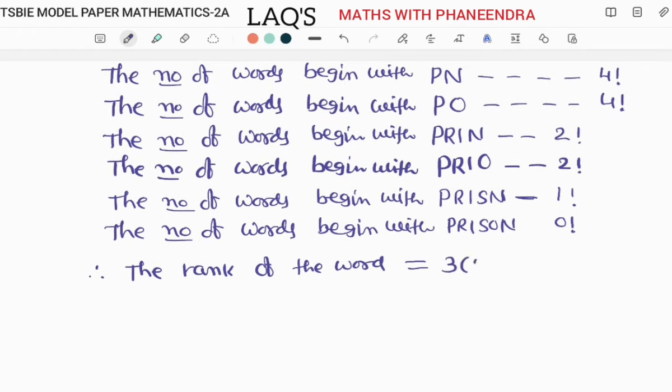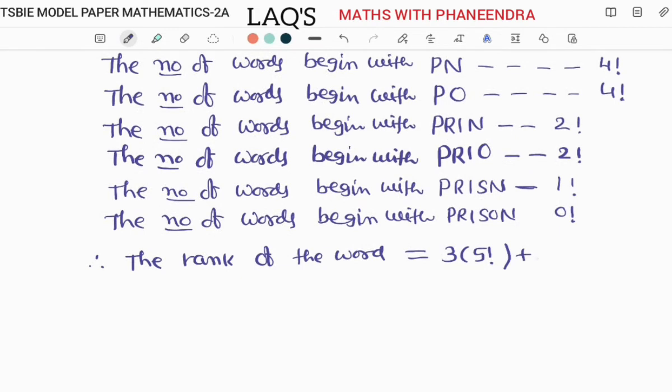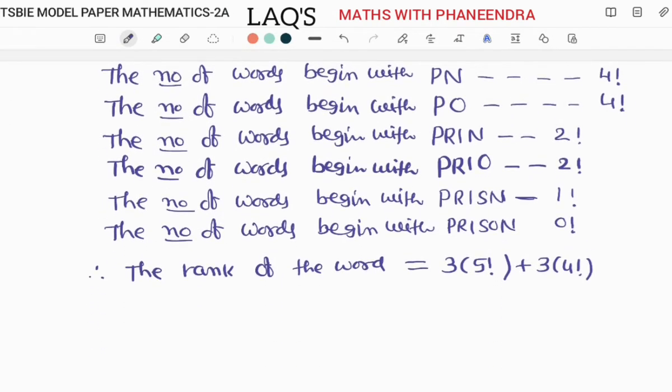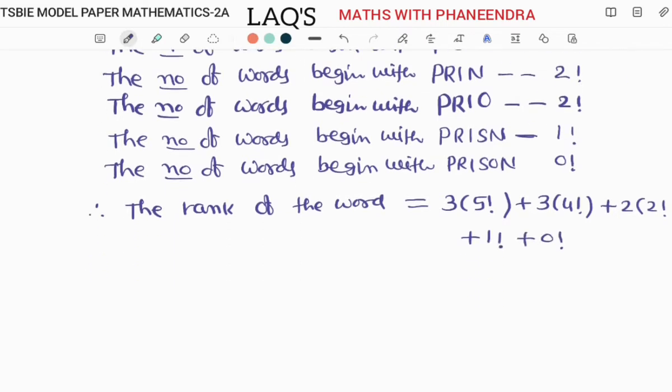That means 3 into 5 factorial, plus 3 times 4 factorial, plus 2 times 2 factorial, plus 1 factorial plus 0 factorial. Which is equal to 3 times 5 factorial, that is 120, plus 3 into 4 factorial, that is 24, plus 2 into 2 factorial, that is 2, plus 1 factorial, that is 1, 0 factorial is 1.